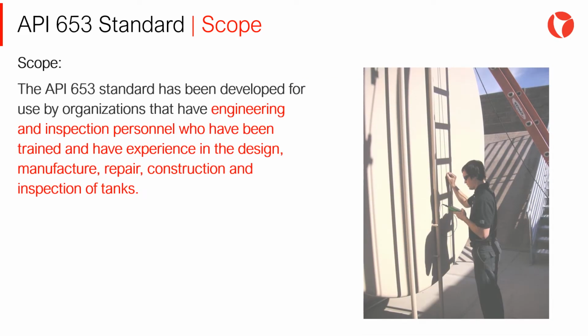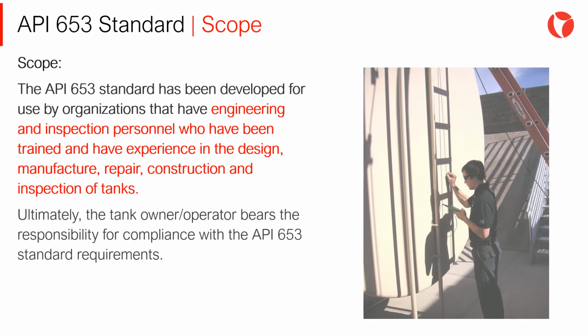The standard has been developed for use by organizations that have engineering and inspection personnel who have been trained and have experience in the design, manufacture, repair, construction and inspection of tanks. Ultimately, the tank owner bears the responsibility for compliance with the API 653 standard requirements.